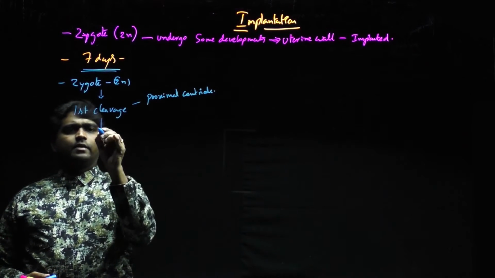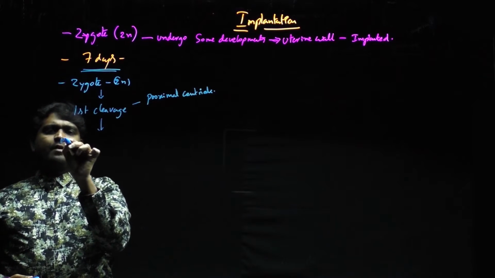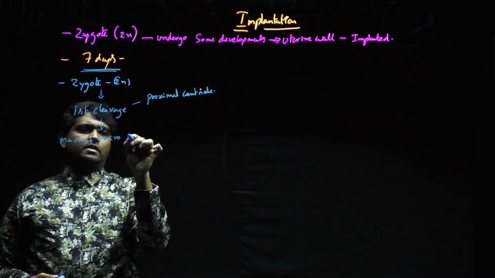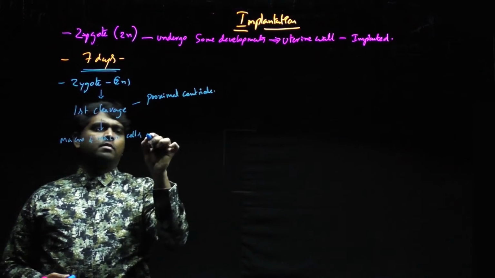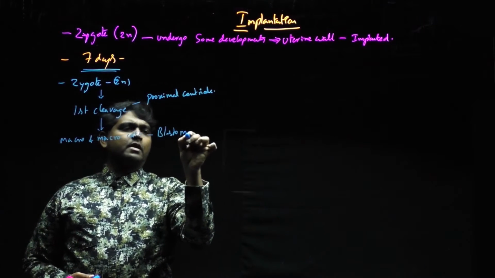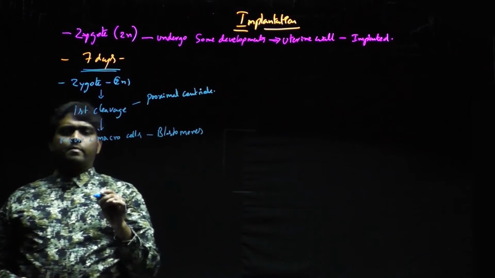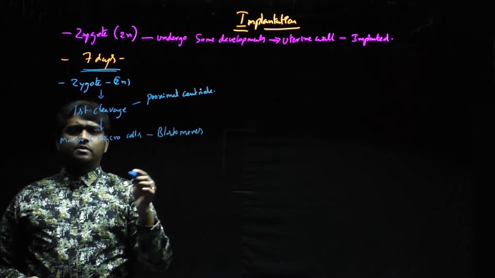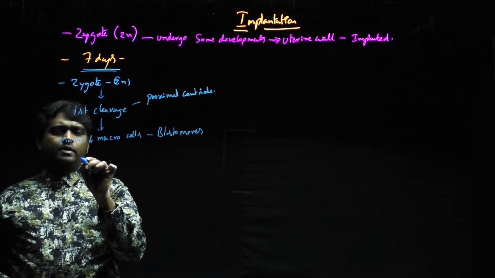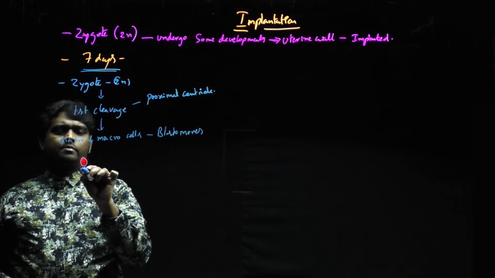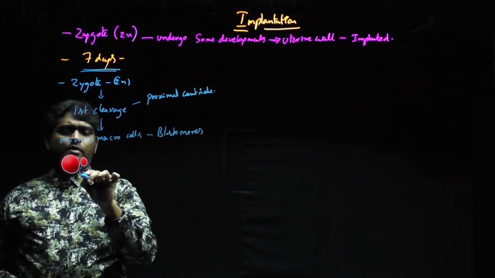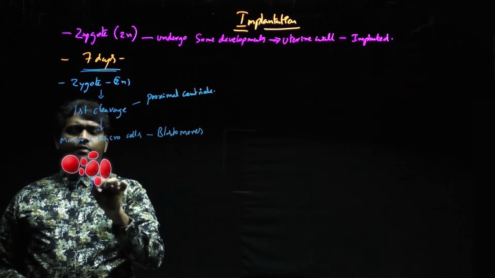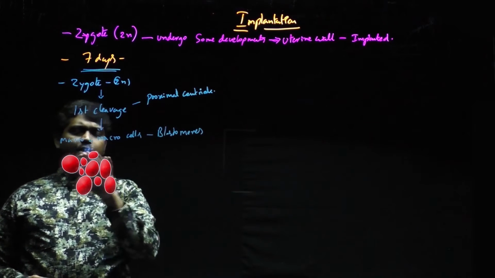Now these further multiply into macro and micro cells, which are called blastomeres. So there are macroblastomeres and microblastomeres. They are arranged irregularly, bigger, smaller, bigger, smaller, and there is no uniform arrangement here.